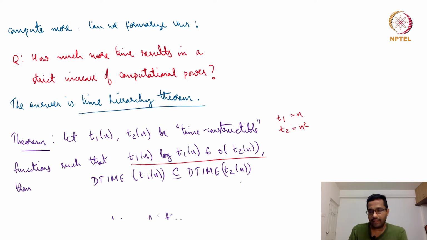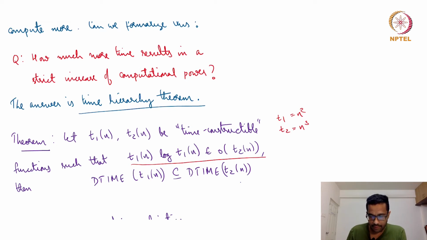Then n log n is little o of n squared, so that is indeed the case. Or T1 is n squared and T2 is n cubed. Even then n squared log n squared, which is n squared log n, is also little o of n cubed. So that's also fine. But you need at least this logarithmic separation. That is what we are saying here.